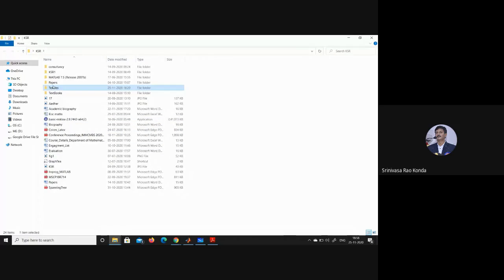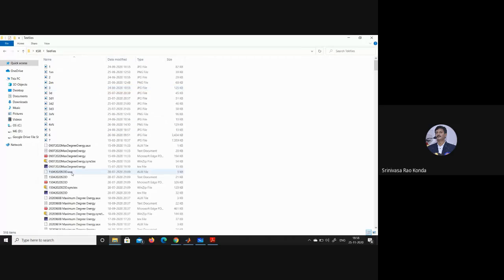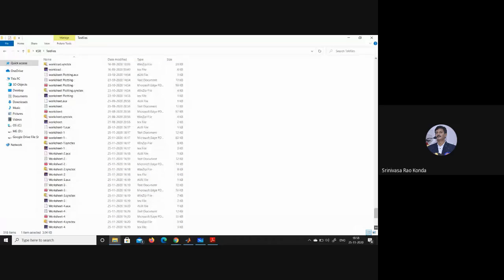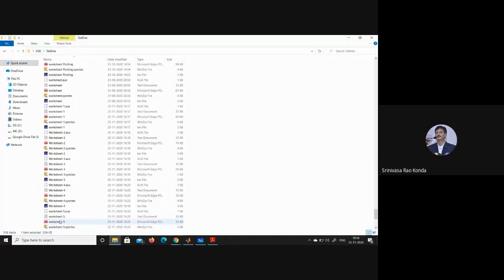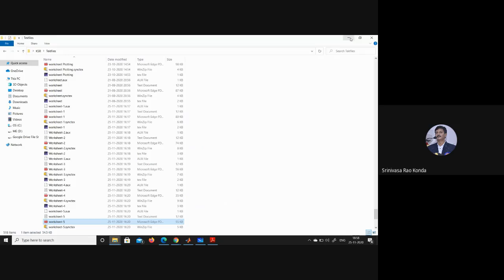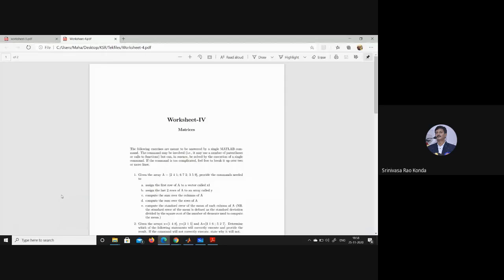Worksheet 5. Any doubts on the worksheets? If you have any doubts, you can tell. I will explain. Where is the fourth worksheet? This one.